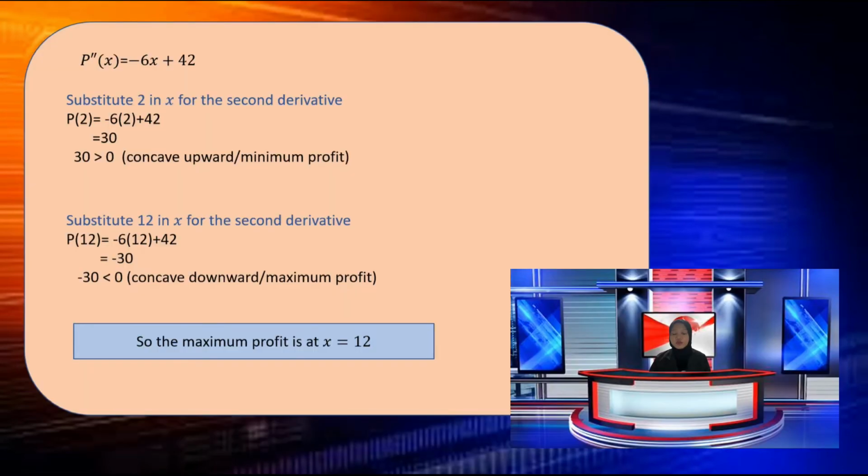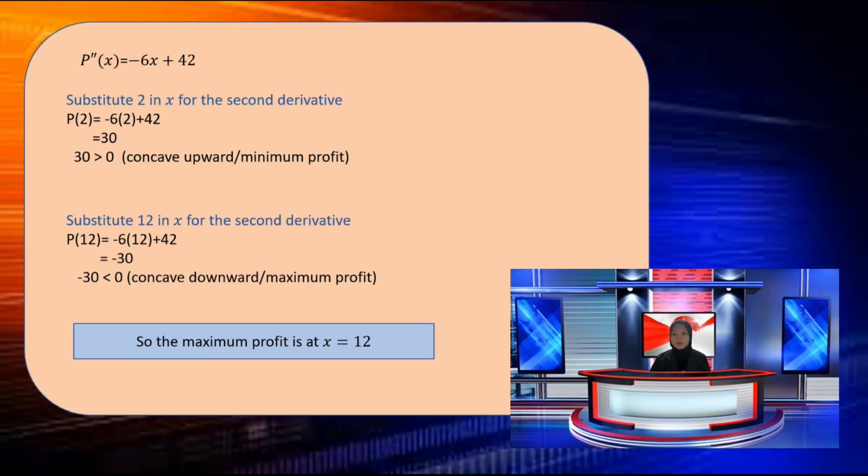Then find the second derivative of the P(x) function, and we get negative 6x plus 42. Substitute 2 in x for the second derivative, which is negative 6 multiplied by 2 plus 42 equal to 30. As we know that 30 is bigger than 0, it shows concave upward or minimum profit.